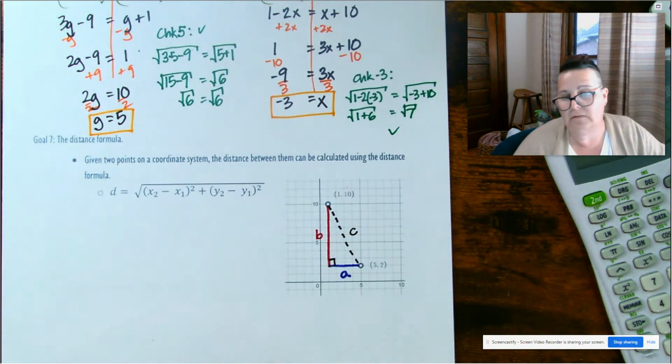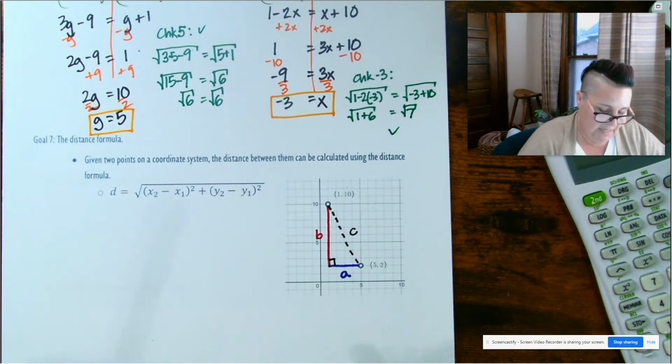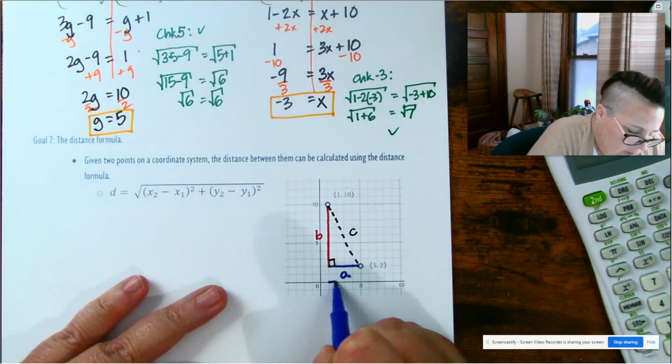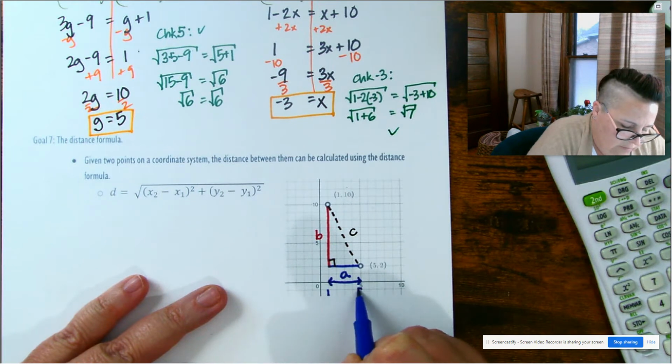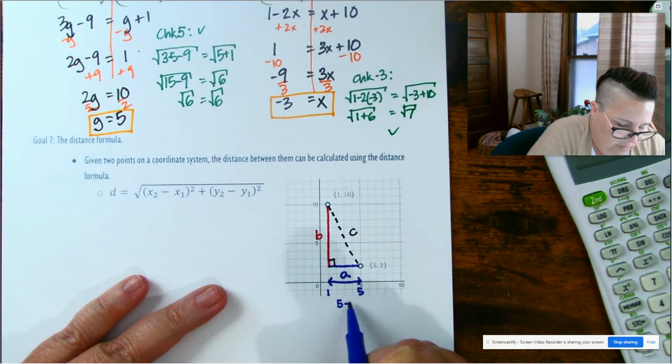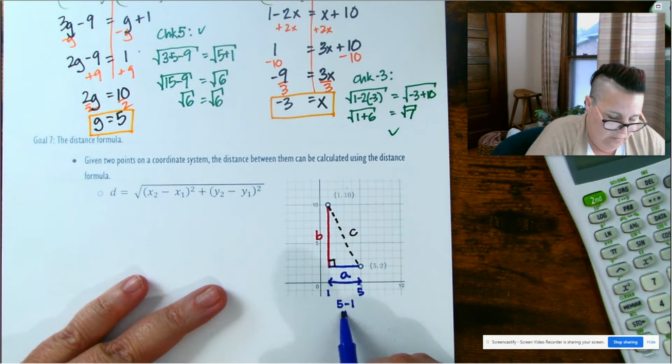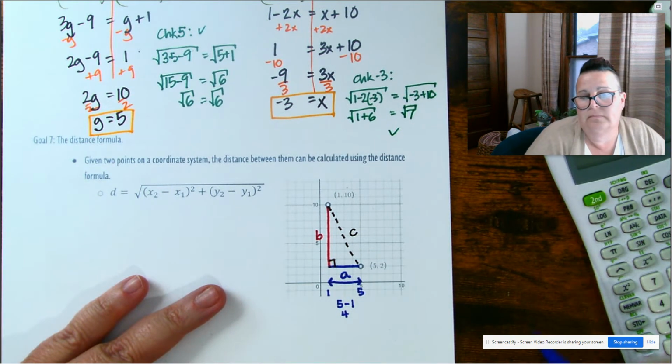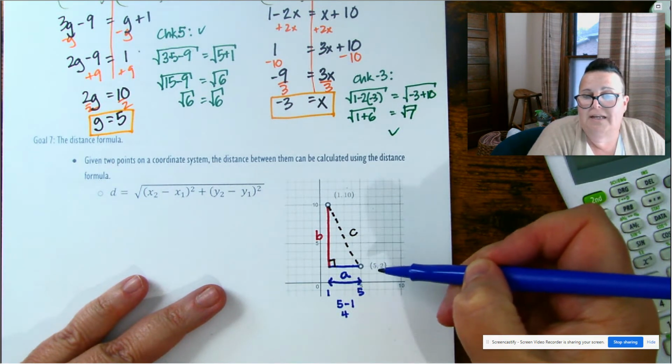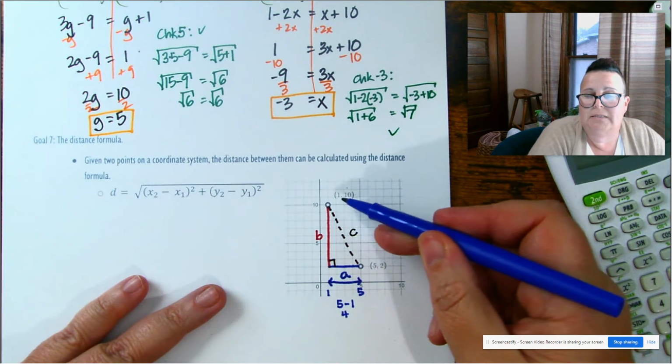There's my right angle. The thing is, the distance in A is from 1 to 5, or 5 minus 1, which is 4. Also known as x2 minus x1.